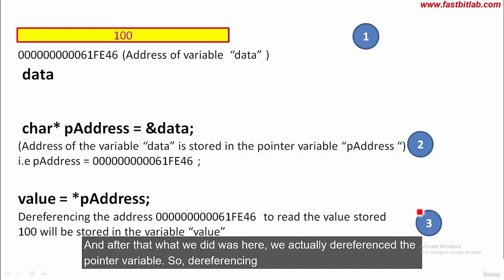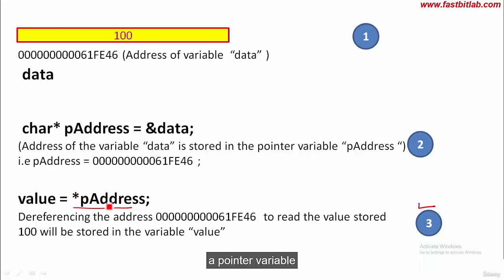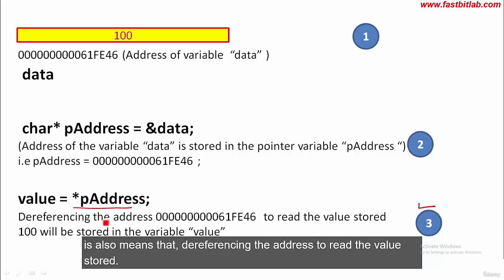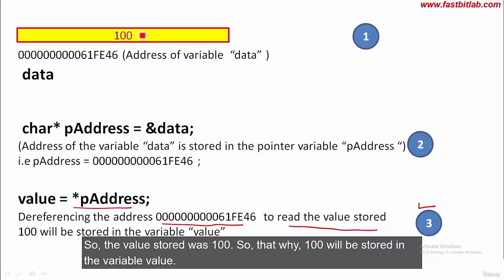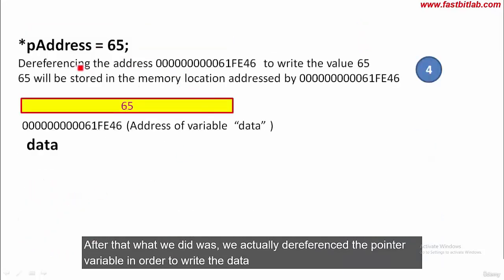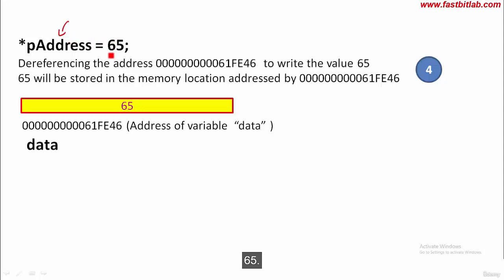And after that, what we did was here, we actually dereferenced the pointer variable. So dereferencing a pointer variable also means dereferencing the address to read the value stored. So the value stored was 100. So that's why 100 will be stored in the variable value. After that, what we did was we actually dereferenced the pointer variable in order to write the data 65.